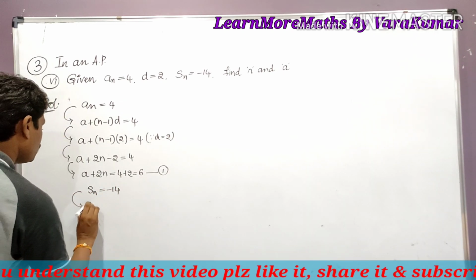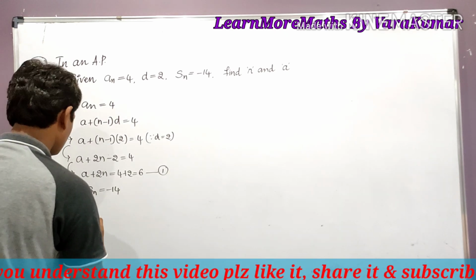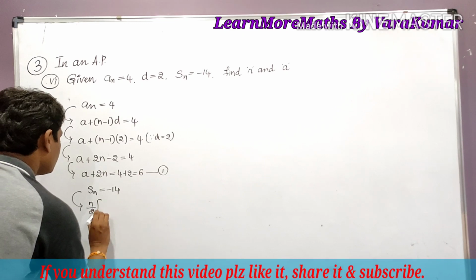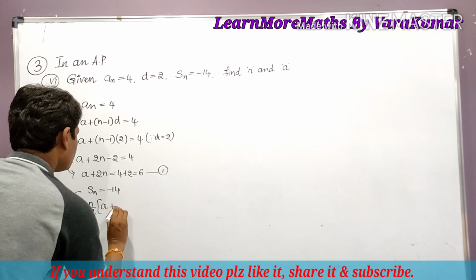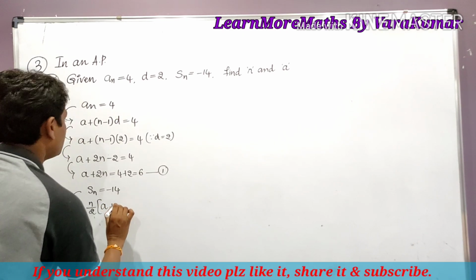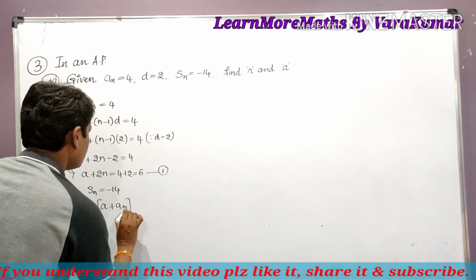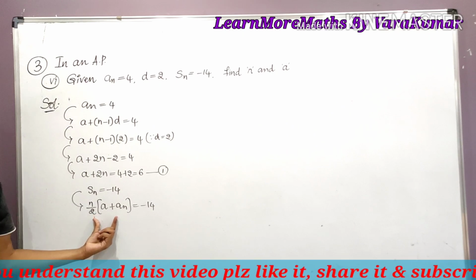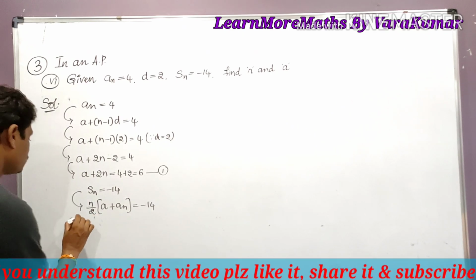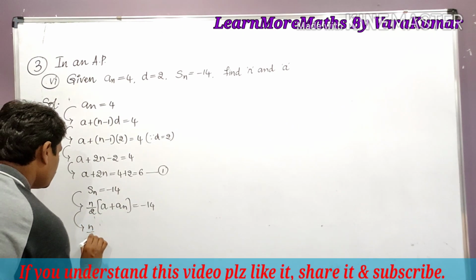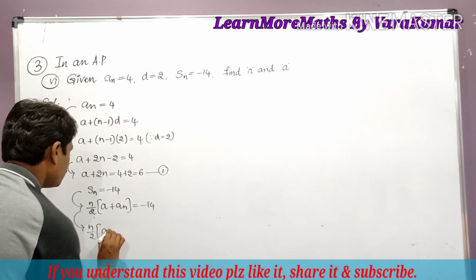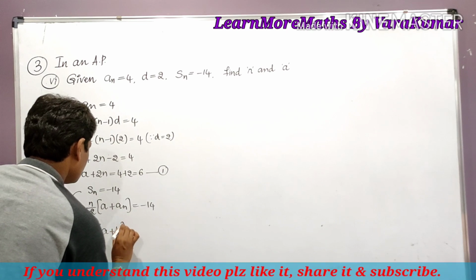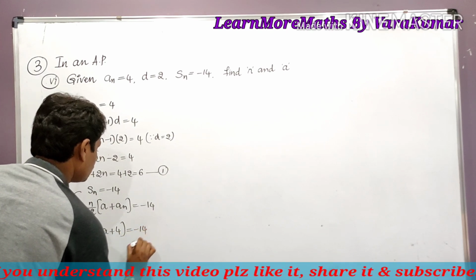But we have Sn is equal to n by 2 into a plus l, or n by 2 into a plus an is equal to minus 14. So we have to use the second formula here, student. So write n by 2 as usual, n by 2 into a plus an, which is how much, student? an is equal to 4, is equal to minus 14.